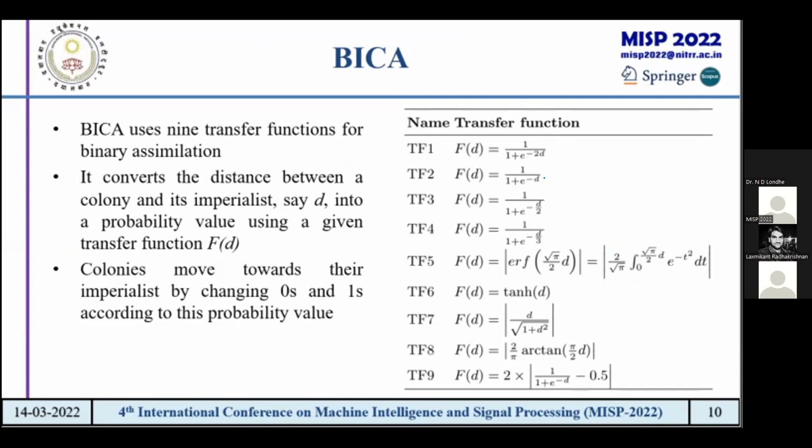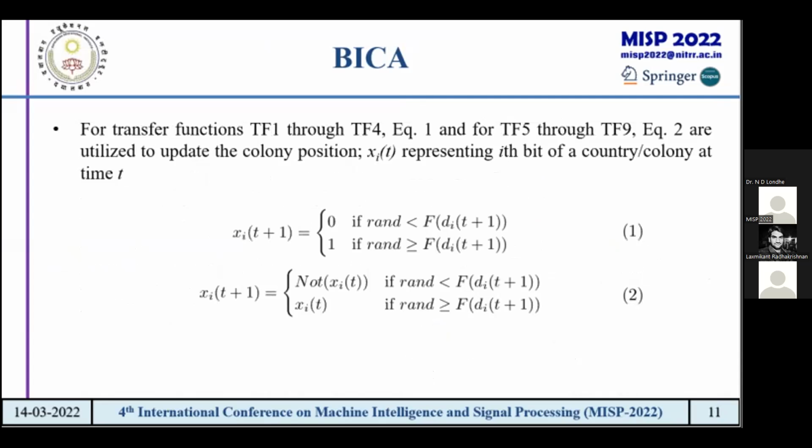The colonies move towards their imperialist by changing zeros and ones in their solution representation according to the probability value generated by these functions. For the first 4 transfer functions, equation 1, and for the remaining transfer functions, equation 2 is utilized according to BICA to update the colony positions. Here, x_i^t represents the ith bit of a colony or country at time t.